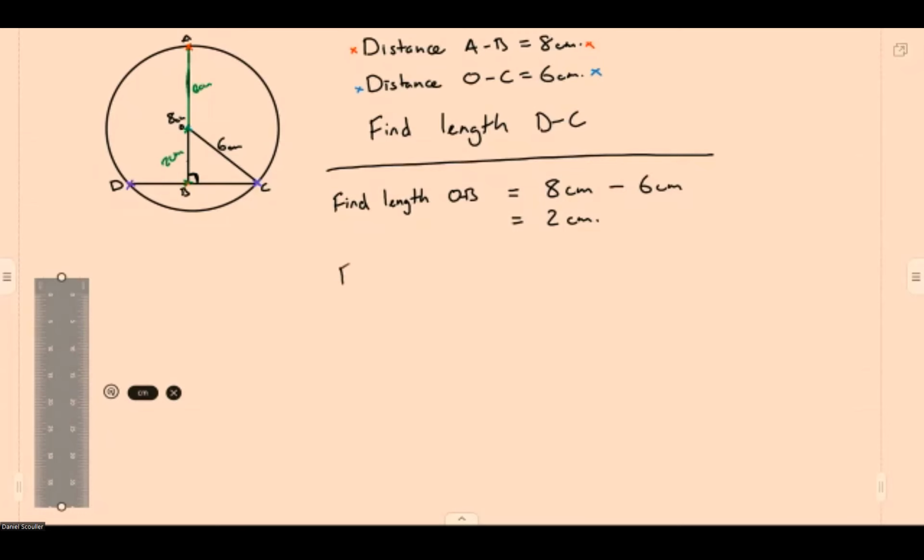So to find length BC, we use the rules of Pythagoras. Long side squared equals short side squared plus short side squared, but we're looking for a short side, so we rearrange that. Our long side 6 squared minus 2 squared, 36 minus 4.